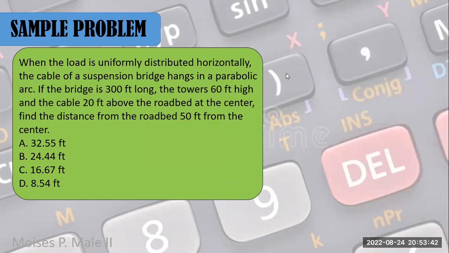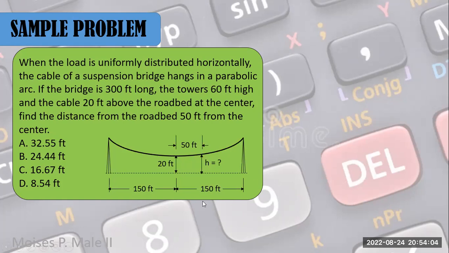So, this next one. When a load is uniformly distributed horizontally, the cable of a suspension bridge hangs in a parabolic arc. If the bridge is 300 feet long, the tower is 60 feet high, and the cable is 20 feet above the roadbed at the center, find the distance from the roadbed 50 feet from the center. Okay. So, in this case, this is the appearance of our parabolic cable.